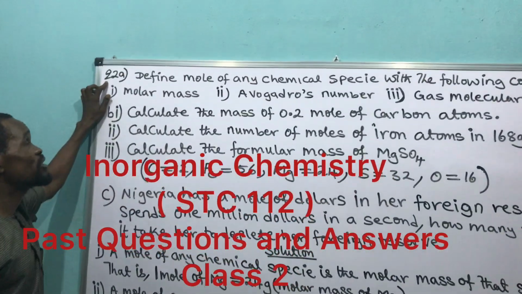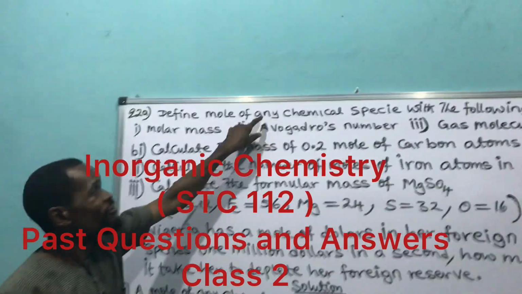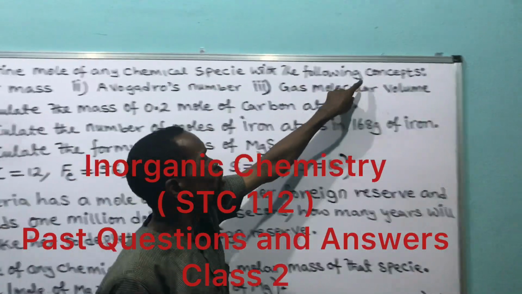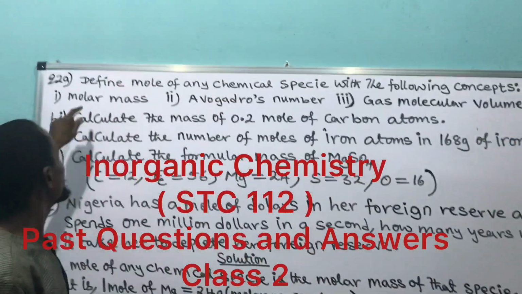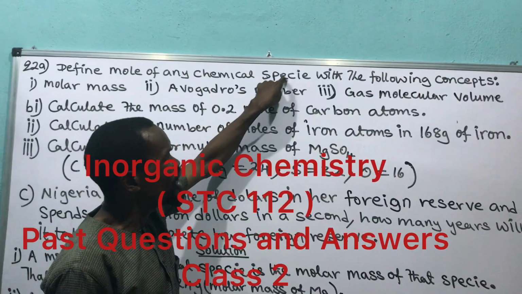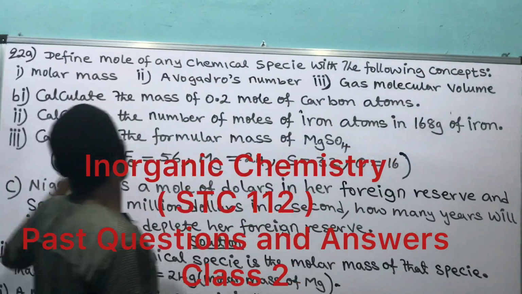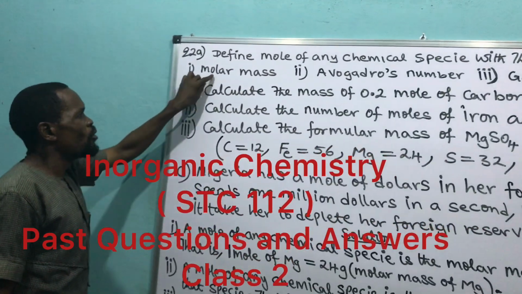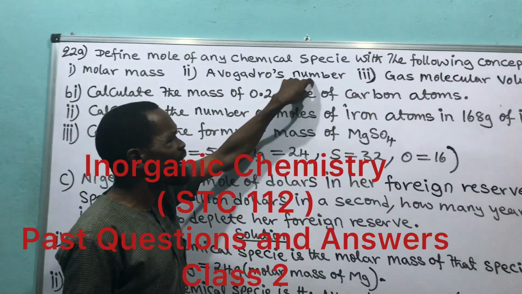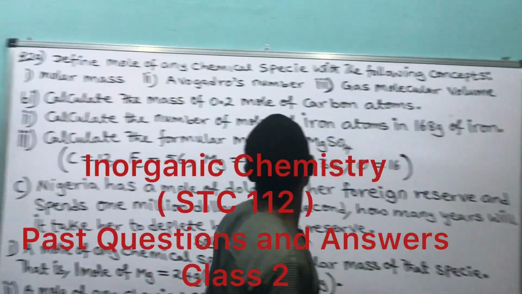And question number 2A says, define mole of any chemical species with the following concepts: number I, molar mass; II, Avogadro's number; III, gas molecular volume.